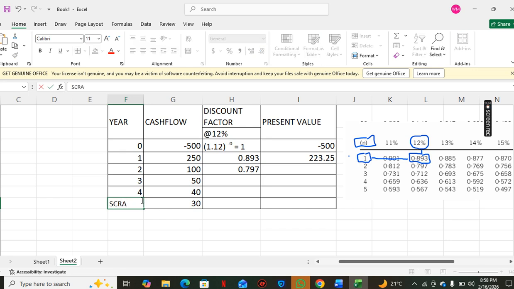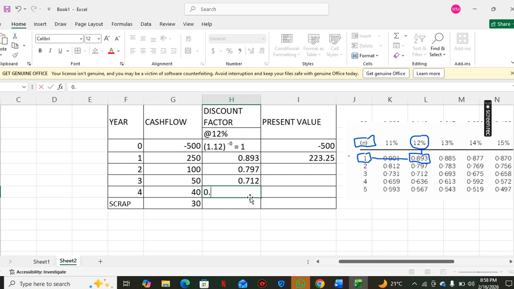Okay, yes. So for year 2, discount factor 0.797. Year 3, discount factor 0.712. Year 4, 0.636.